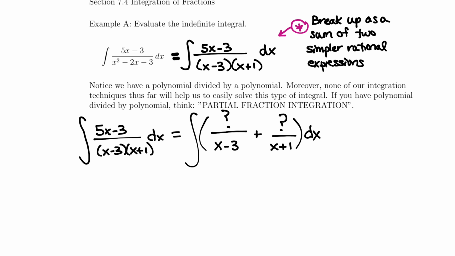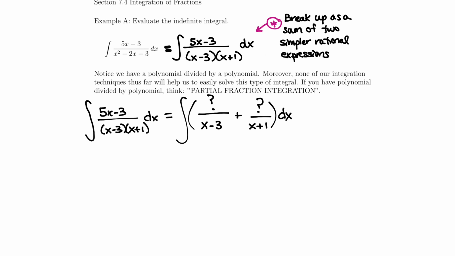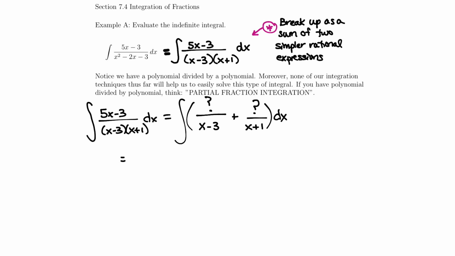So what we want to do is assign a variable to this and assign a different variable to this. In general, we assign different variables because chances are 99% of the time they're not going to be the same. So we want to assign to each of these rational expressions or fractions a different variable.